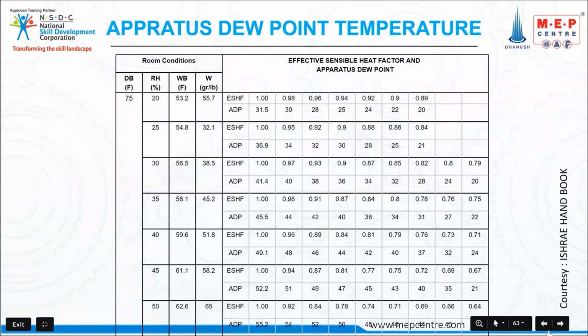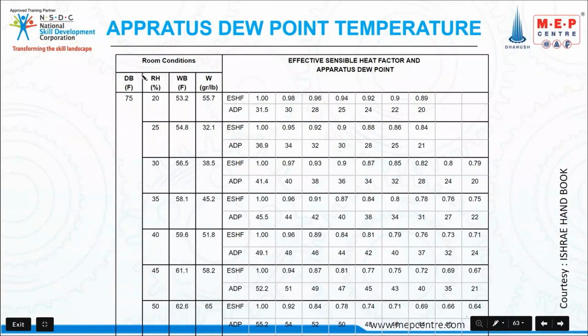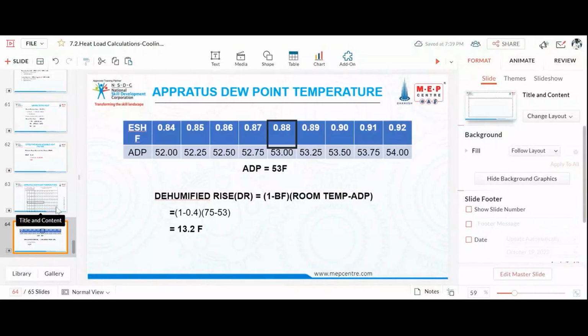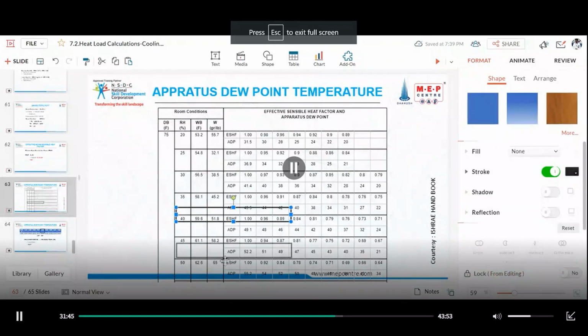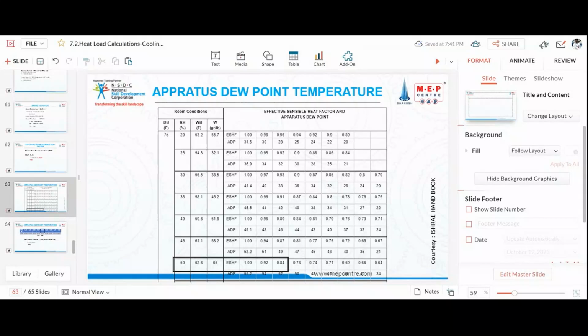So here, take the room dry bulb temperature as 75 degree Fahrenheit, and relative humidity is 50%.